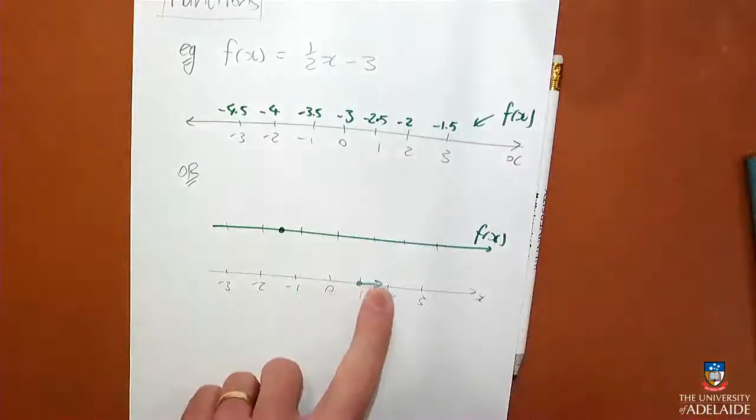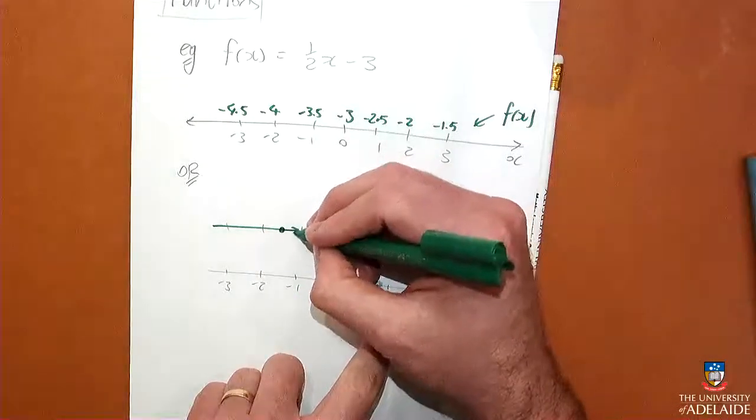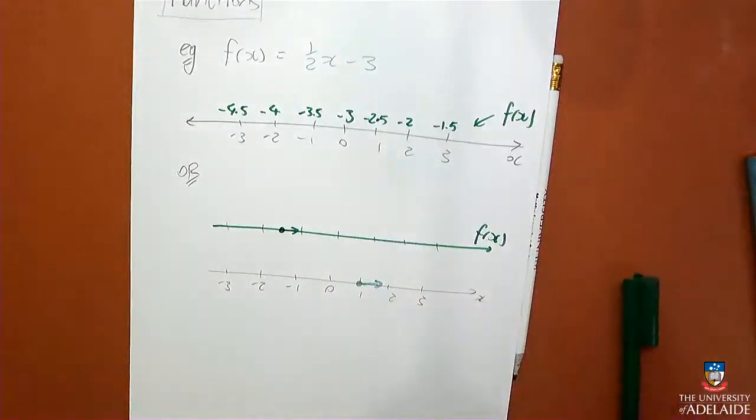And as 1 moves forward here, this moves forward here. And it's a little easier to see this in an animated thing, so I'm going to switch over to the computer.